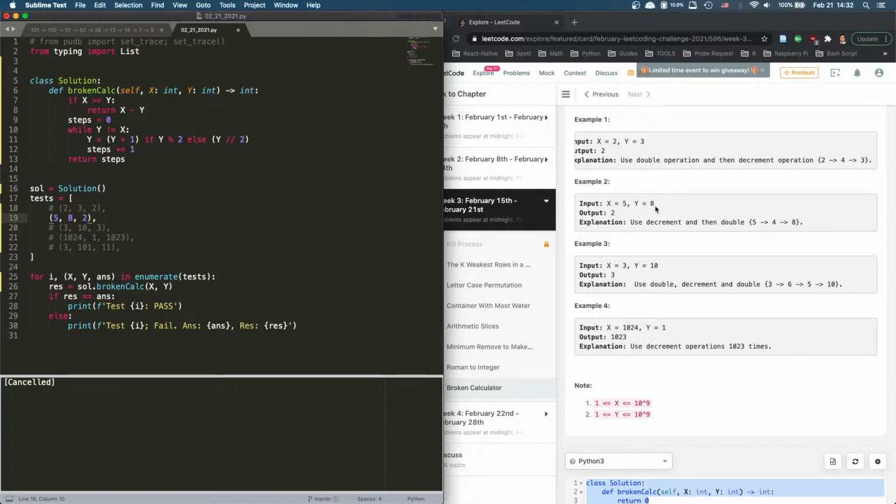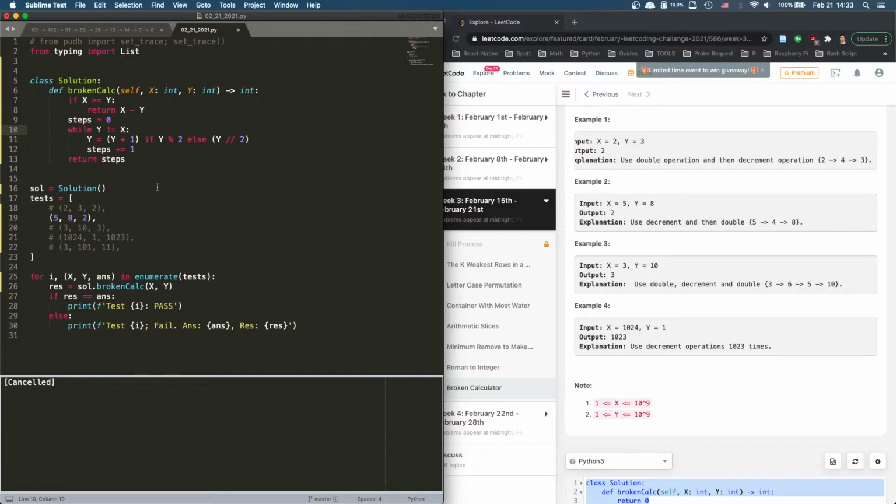Right? And in that case, shouldn't it be while y is larger than x? Because when y is smaller, I divided by 2, it's smaller, and I want to get to 5, I just need to add 1. Then I become 5.